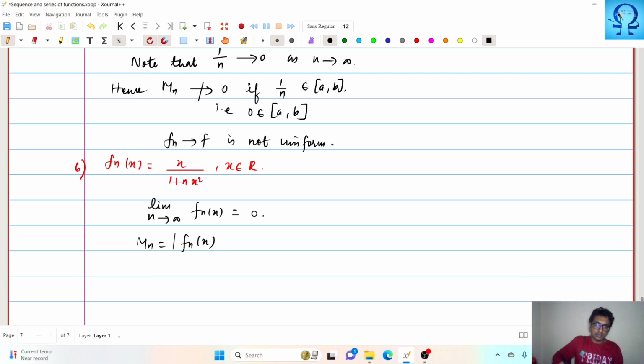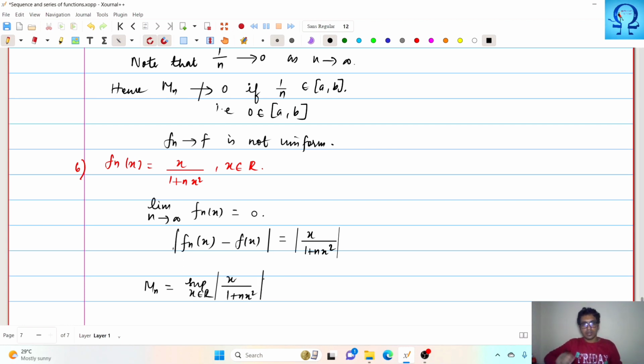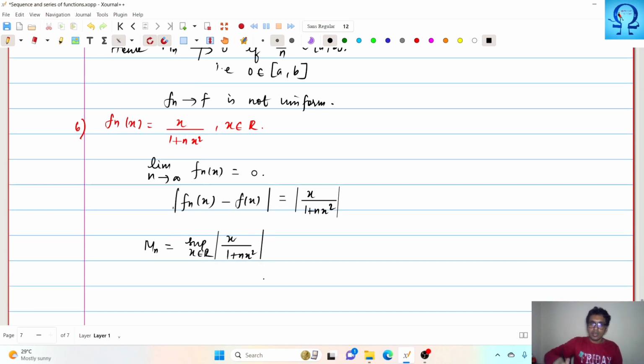First let me calculate fn of x minus f of x, which is simply the absolute value of x upon 1 plus nx square. And Mn is the supremum of this quantity.